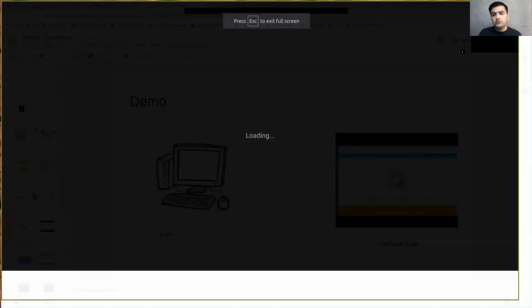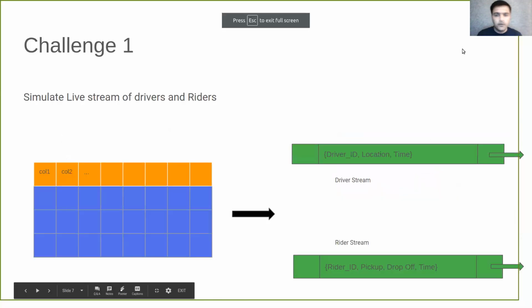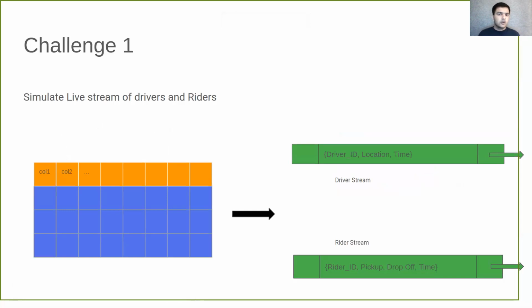I would like to walk you through a few of the engineering challenges I faced during building this data pipeline. The first challenge I faced is that I'm using the NYC Taxi rides dataset, which contains completed trips in New York City. There are a lot of CSV files and JSON files, but some of them don't contain a few of the attributes.